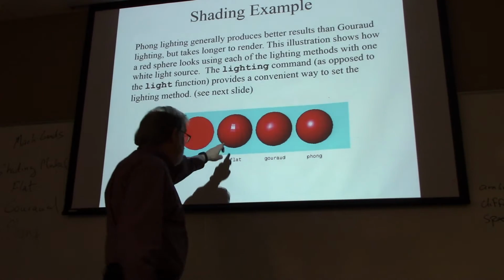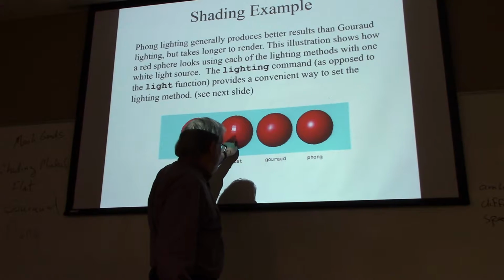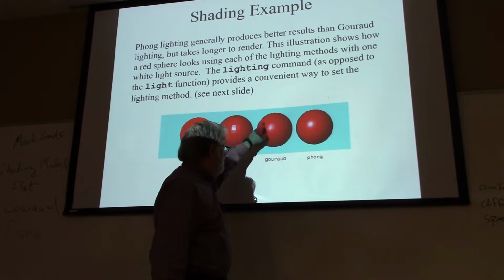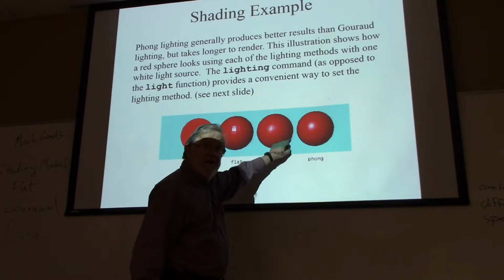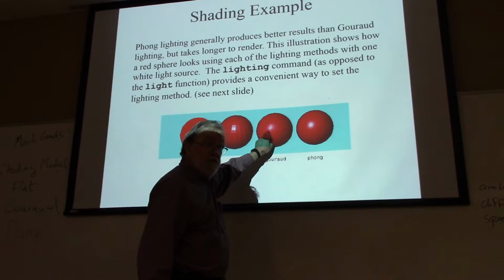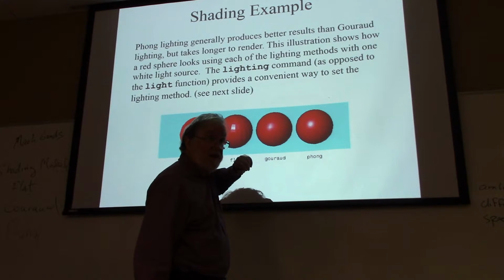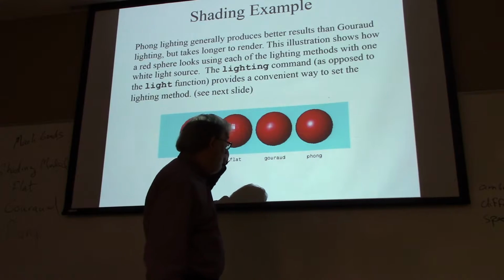So this is flat shading. Everywhere on the facet is constant. Here's Gouraud shading, which does a pretty good job in here, but not so good where the specular component is, because there's a much stronger geometry effect near the specular highlight.